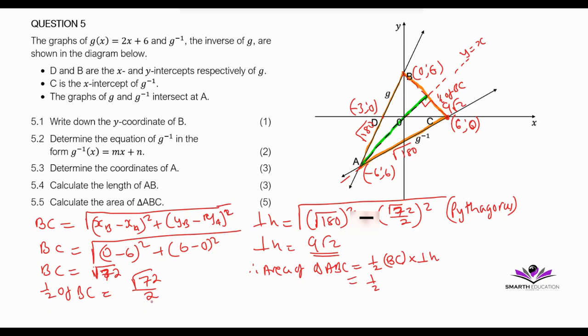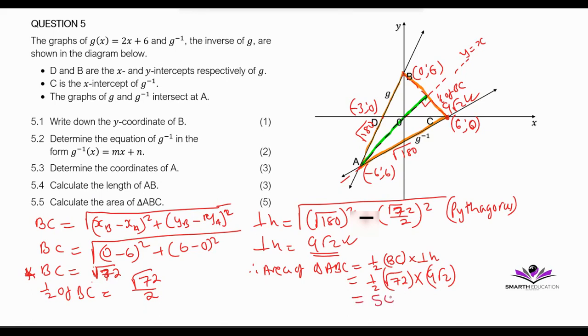We got our BC, square root of 72, and then times the perpendicular height, which is 9 root 2. Half times base times height. Then put this in the calculator, you get your 54 units squared.